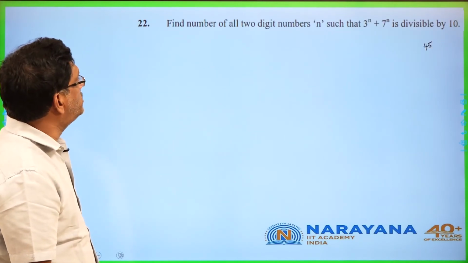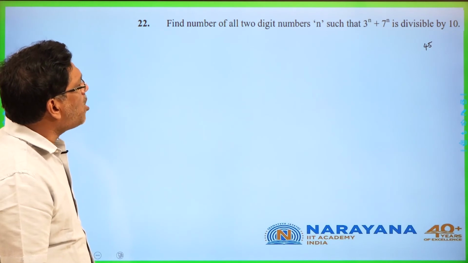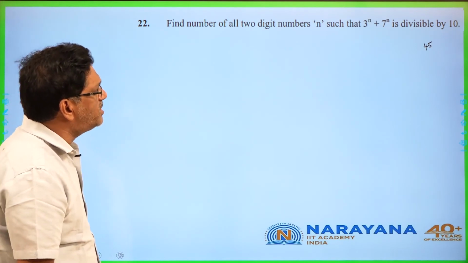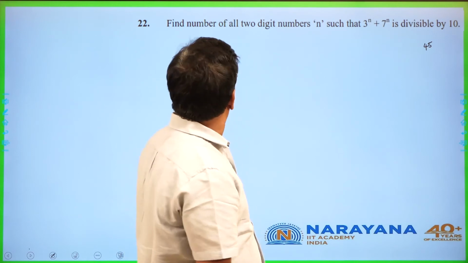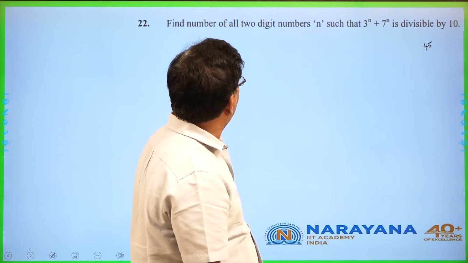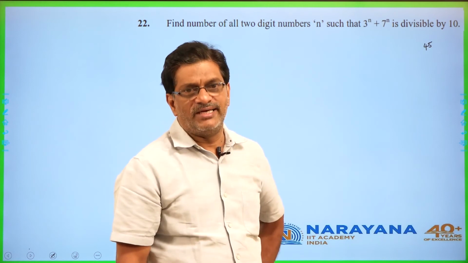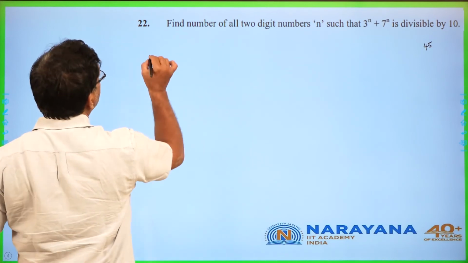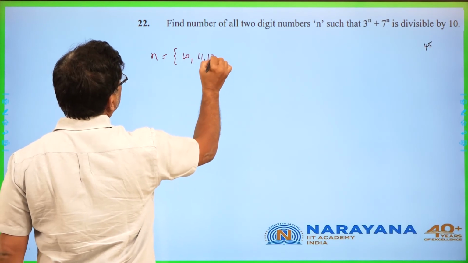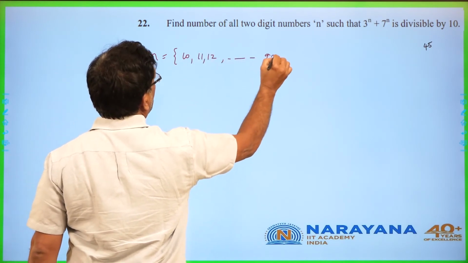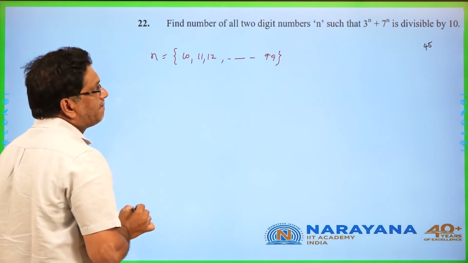Question number 22. Find the number of all 2-digit numbers n such that 3 power n plus 7 power n is divisible by 10. N can be 10, 11, 12, and so on up to 99.